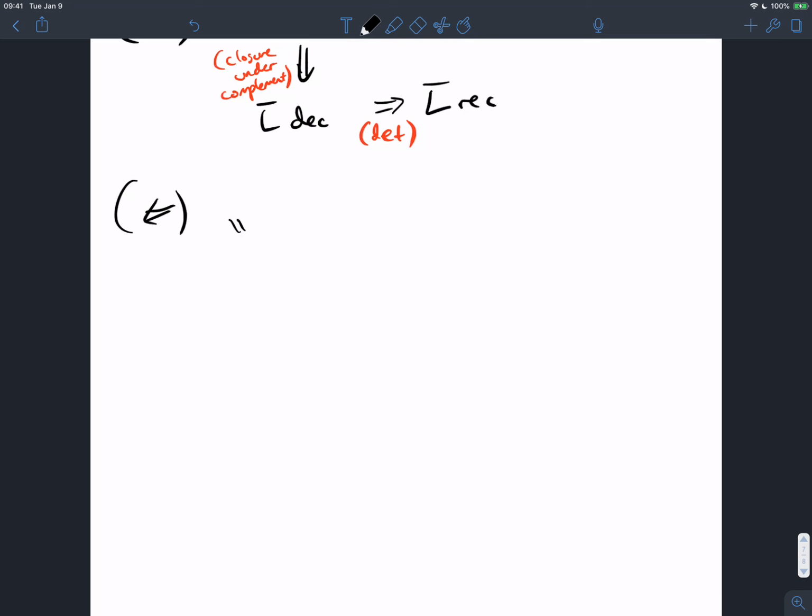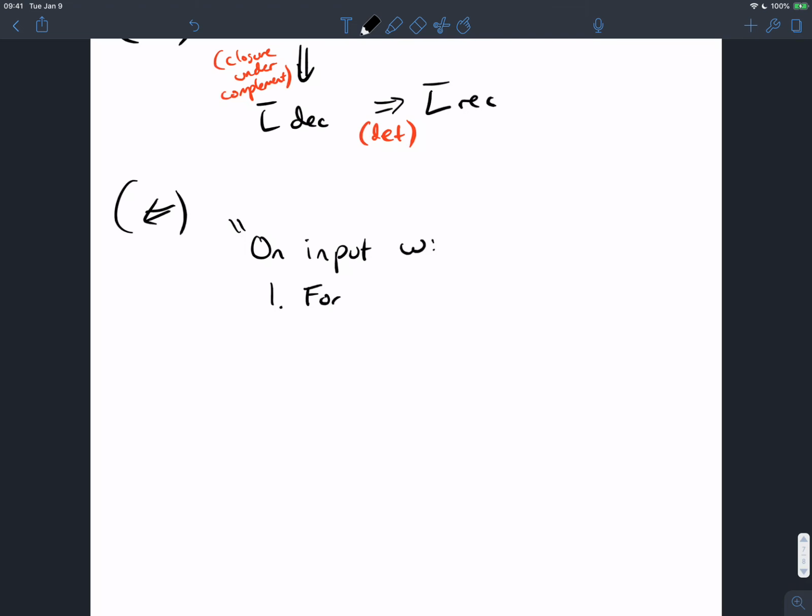We need to write a decider that always halts on all strings. So let's see. On input W, let's just try our idea of running for one step repeatedly over and over.